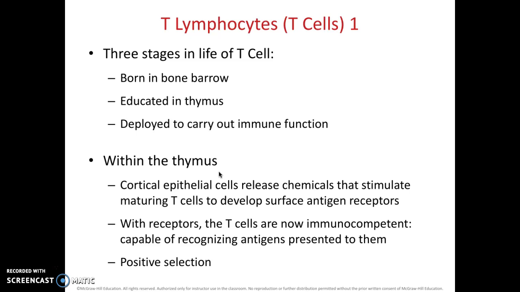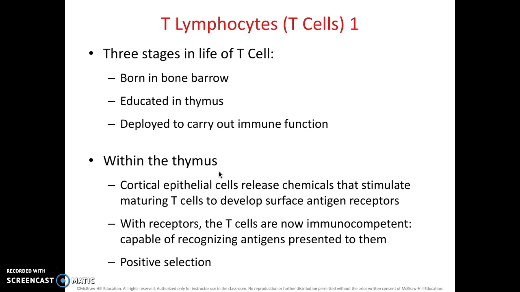So with T cells, there are three different stages in the life of a T cell. They are born in the bone marrow, educated in the thymus, and then they're deployed to carry out immune function. Within the thymus, cortical epithelial cells, which are within the cortex of the thymus, release chemicals that stimulate maturing T cells to develop surface antigen receptors.